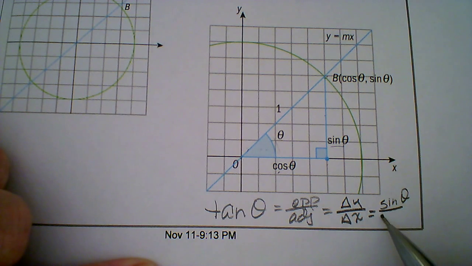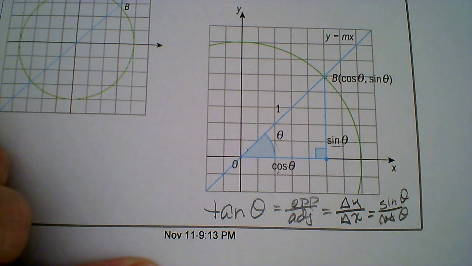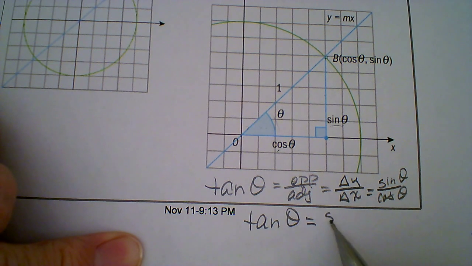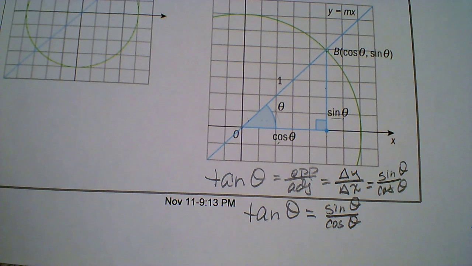The change in the x value is the cosine of theta. So we can now state that the tangent of theta is equal to the sine of theta over the cosine of theta.